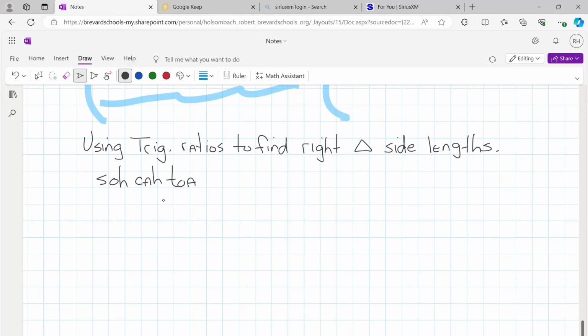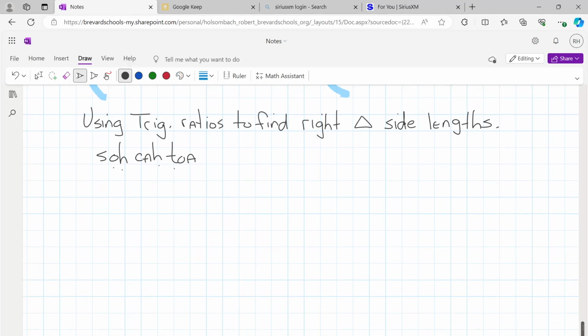More mistakes are made because ratios are written wrong because someone doesn't want to refer to the acronym. All right, so sine equals opposite over hypotenuse, cosine equals adjacent over hypotenuse, and tangent equals opposite over adjacent. Extremely important in what we're doing today and tomorrow and on your quiz.